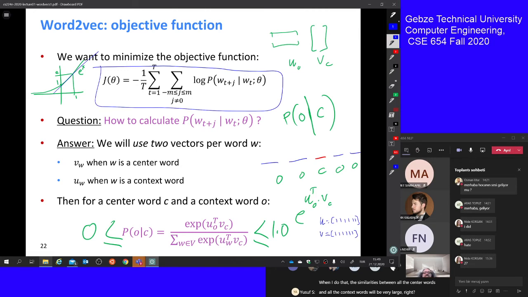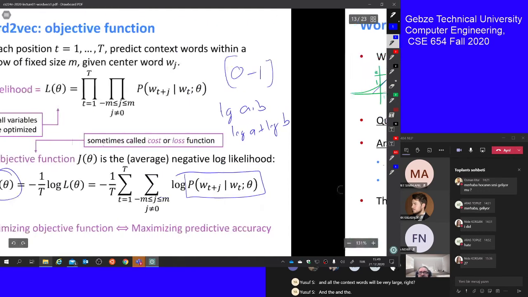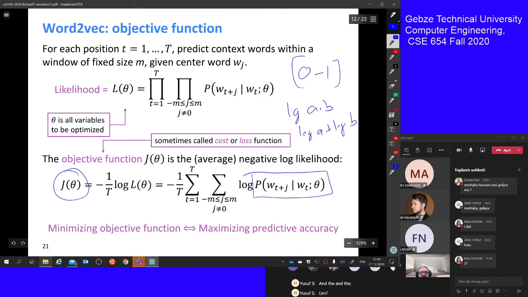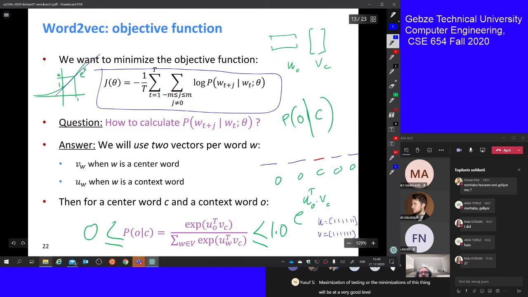And the maximization of this thing, or the minimization of this thing, will be at a very good level. We are trying to minimize it because there is a minus sign in front. Am I making a mistake? I mean, that doesn't make much sense, right?